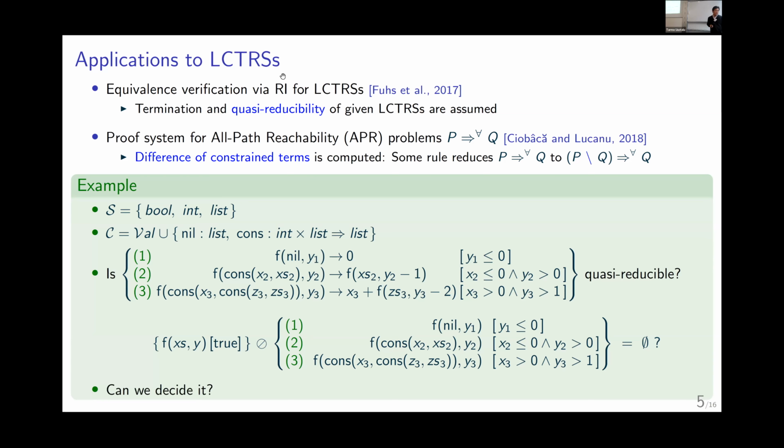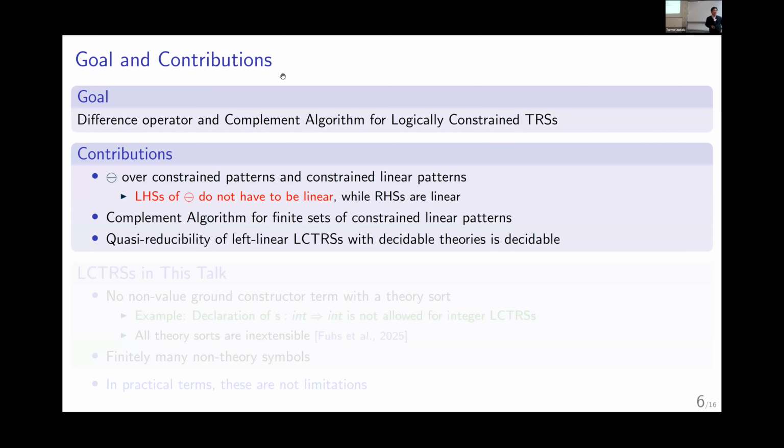And another question is decidability. I would like to know whether this question is decidable or not. So our goal is to have a difference operator and complement algorithm for LCTRSs, and our contributions are a difference operator over constraint patterns and constraint linear patterns.